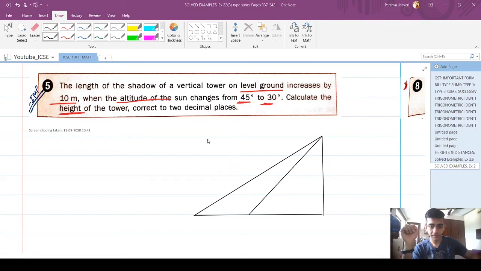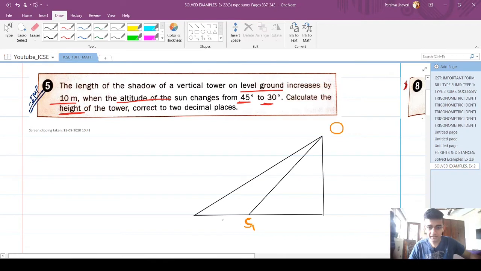The sun is here in case 1, so you got the shadow till here. Let's call this point S1.